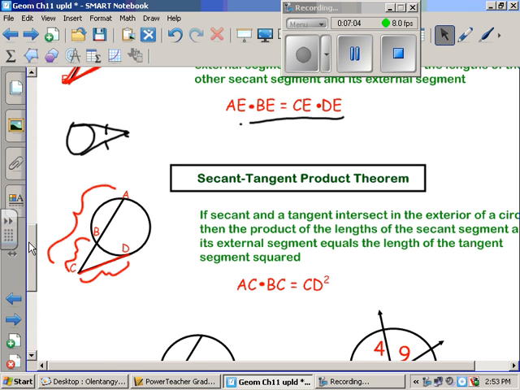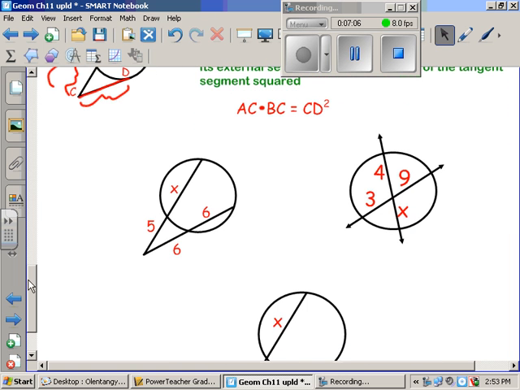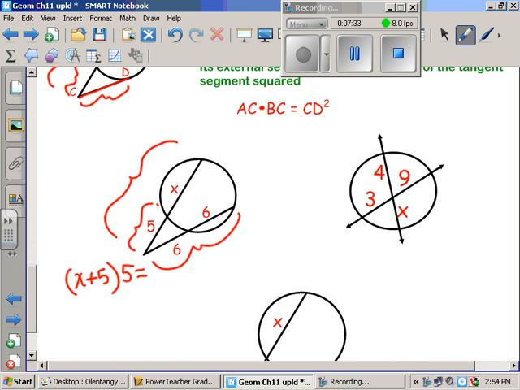All right, so those are the three formulas. Let's see if we can work some problems here. This is a secant. So this whole side is x plus 5, times just the outside, which is 5, is equal to this whole side, which is 12, times just the outside, which is 6.